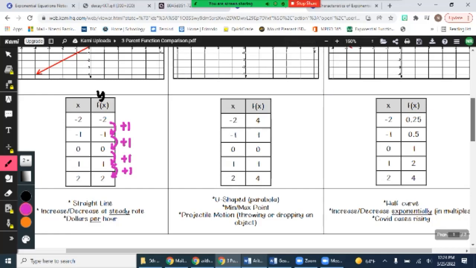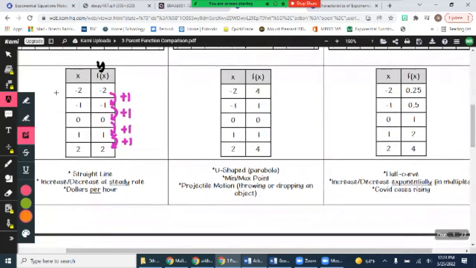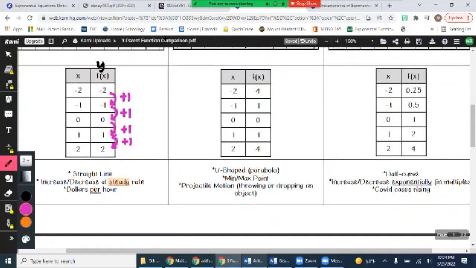Remember, the rate is how fast your line is going up or down. But since we are adding the same exact amount every single time, you will end up with a straight line, okay? Now, a steady rate, when you're adding the same exact number, you end up with a slope.